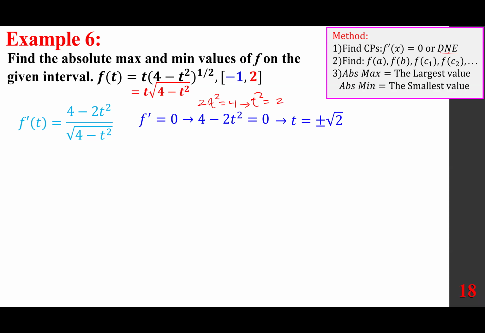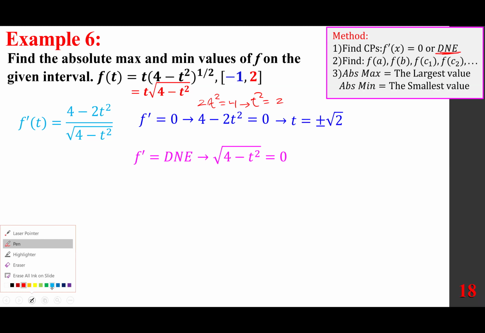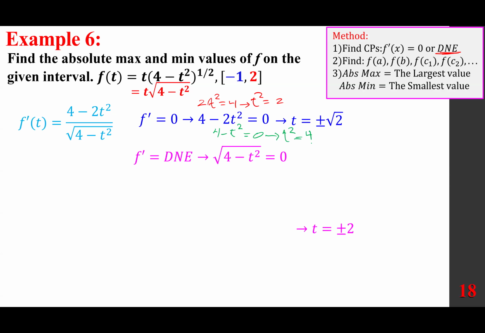Now f prime does not exist. A fractional format does not exist, or it's undefined when the denominator is 0. And the square root of 4 minus t squared is 0 if inside the radical 4 minus t squared is 0, which makes t squared equals 4, t is plus minus 2.